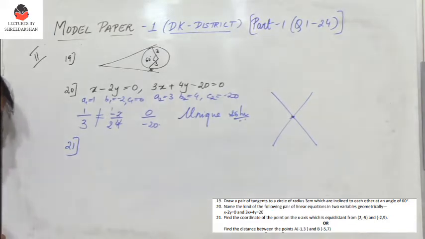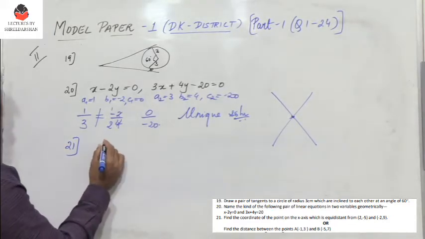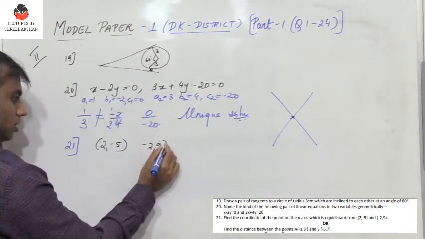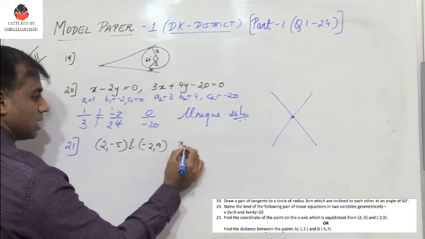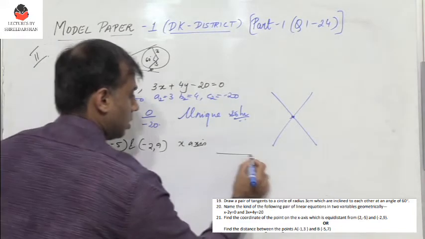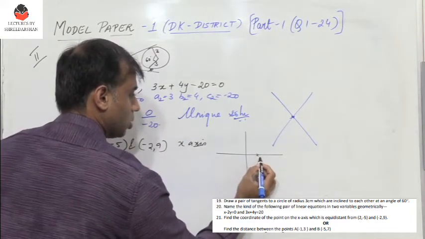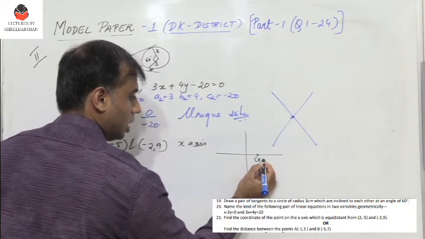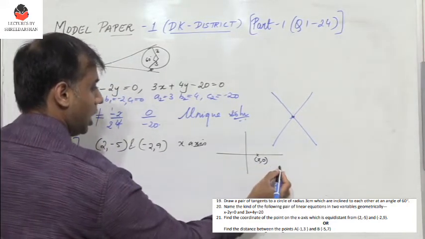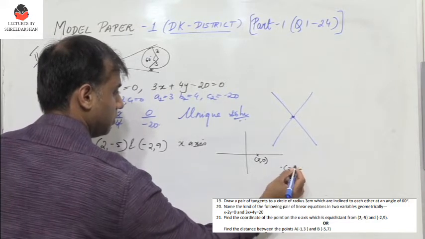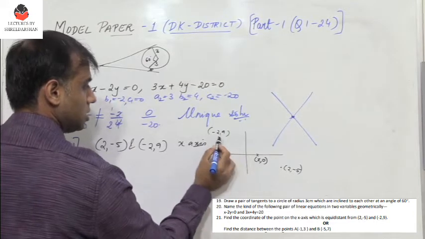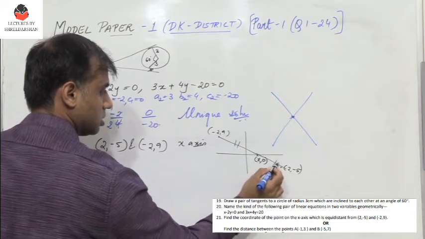Question 21. Find a point which is equidistant from (2, minus 5) and (minus 2, 9), which is on the x-axis. Very interesting. I have the xy axes, and a point on the x-axis, let its coordinates be (x, 0). Now this point is equidistant from the point (2, minus 5) and the point (minus 2, 9). So this distance is equal to this distance, right?